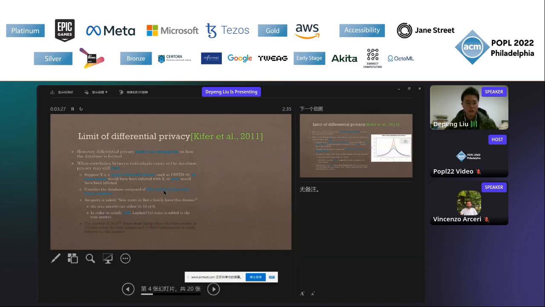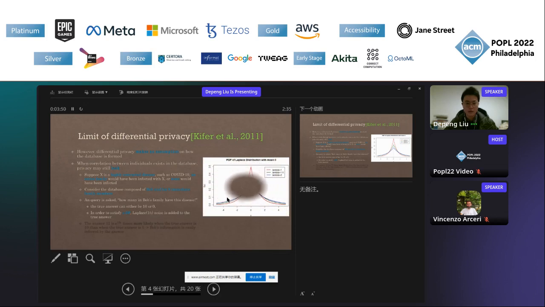At this time, a query is asked: how many in Bob's family have this disease? The true answer can either be 10 or 0. And in order to protect privacy, epsilon-DP is applied to the query, and a Laplace noise is added to the true answer. So here I show the PDF of the Laplacian distribution.